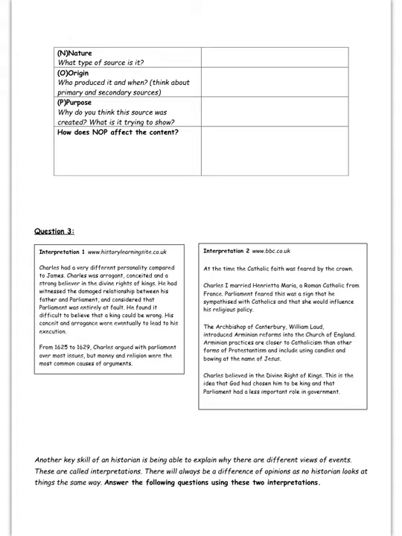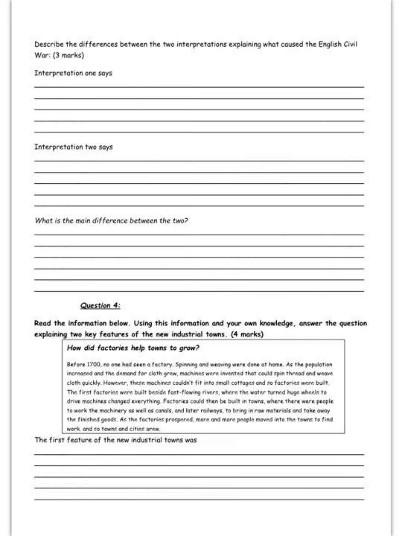Question 3. Read an interpretation. Read a second interpretation. Interpretations are always written by people, historians, after the event has taken place. Interpretation 1, interpretation 2. Your job to read the source, understand what it's saying, describe the differences between the 2 interpretations, summarize what interpretation 1 is saying, summarize what interpretation 2 is saying.